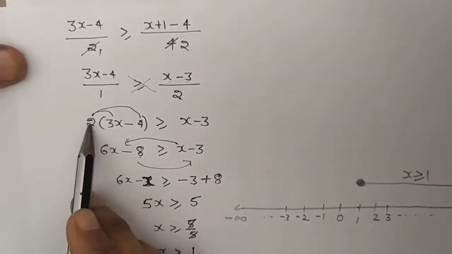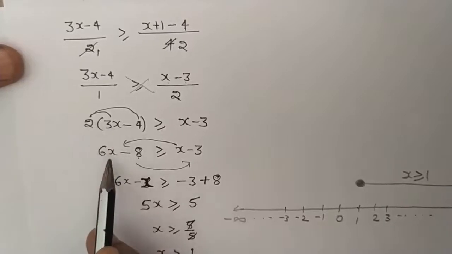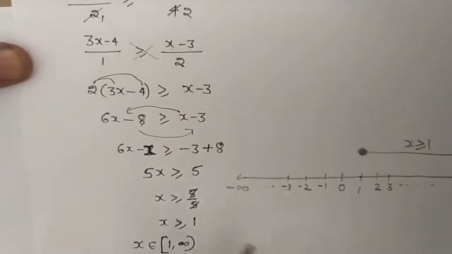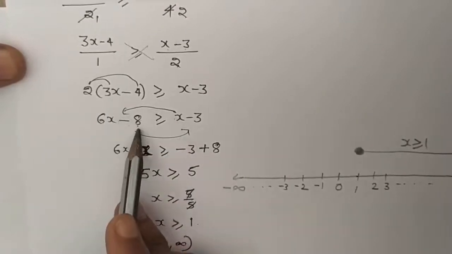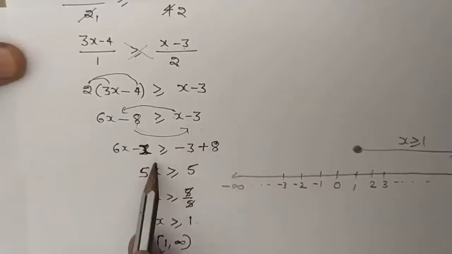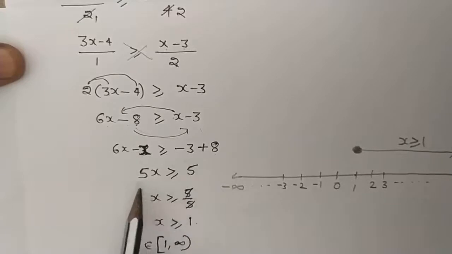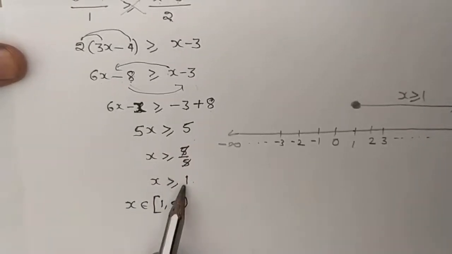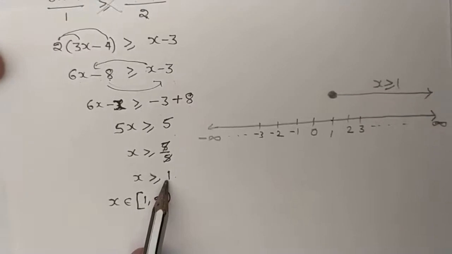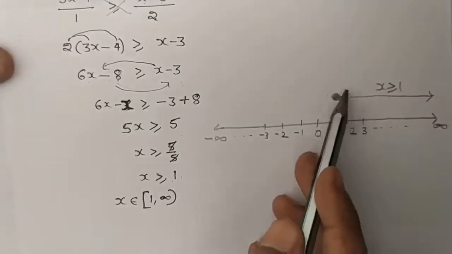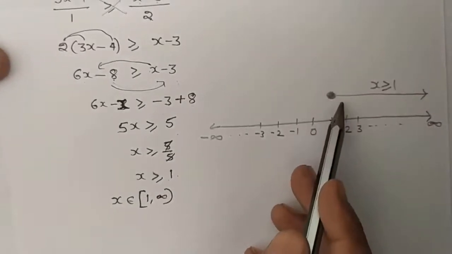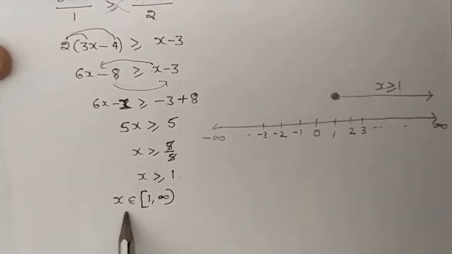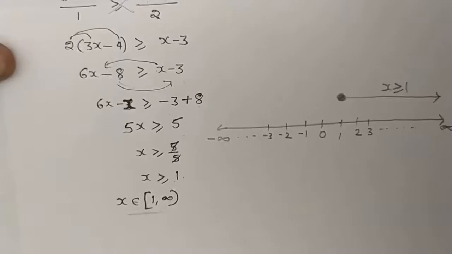I'm multiplying this 2 inside the brackets. 2 into 3 is 6x, minus 2 into 4 is 8, x minus 3. I'm taking this x to the left and sending this minus 8 to the right: minus x plus 8. Then 5x greater than or equal to 5. Finally we found x greater than or equal to 1. After that we represented this on a number line. It is the solution set.